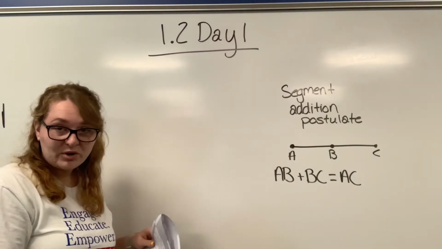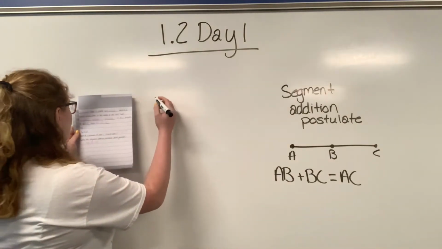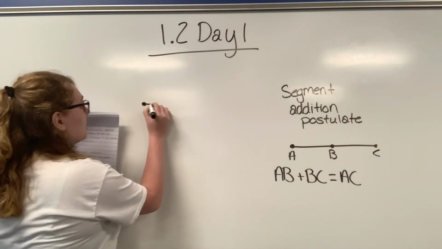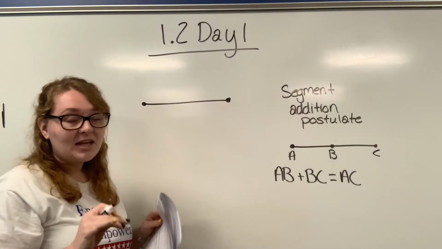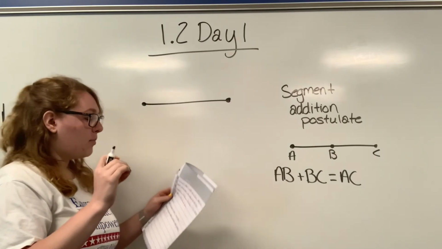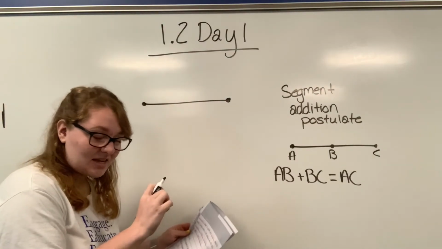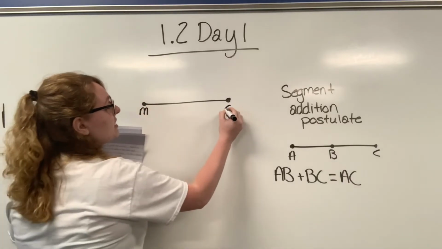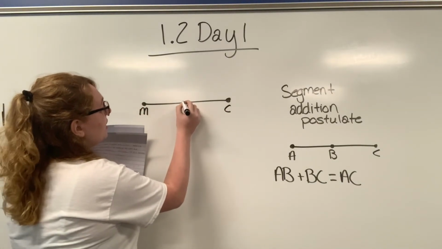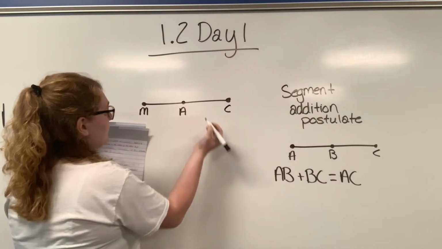And let's do one more example of this. Okay, so if I draw a segment and I say that point A is in between points M and C. That means M and C are on the outside and A is somewhere in the middle.